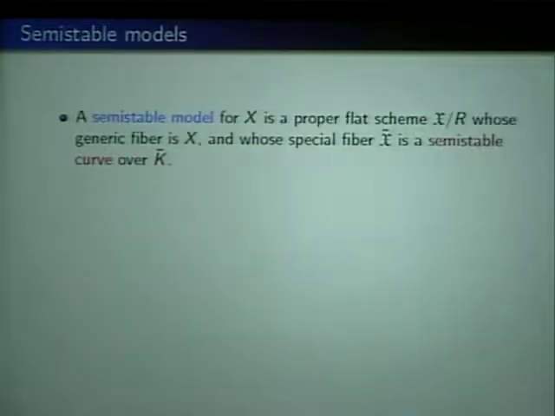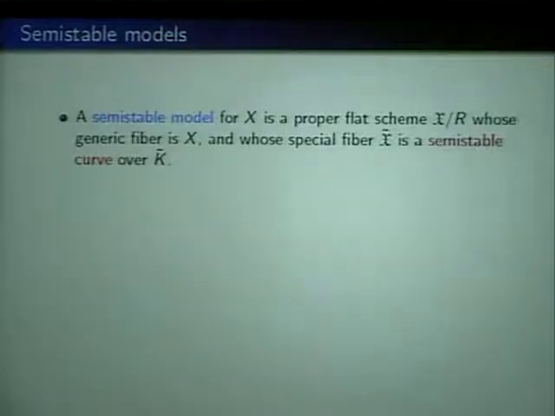Okay, so the key to understanding the topological structure of Berkovich curves is the semi-stable reduction theorem. So I want to say briefly something about semi-stable models. Now in general, one should work here with admissible formal models in the sense of Raynaud, but I will work with models in the category of schemes, possibly for simplicity, depending on your point of view.